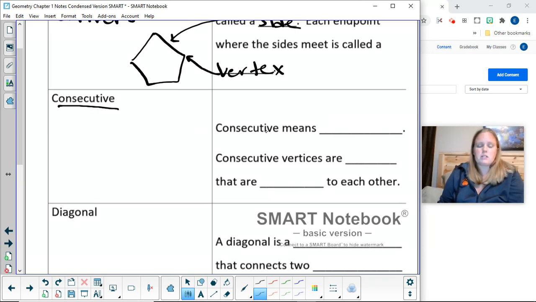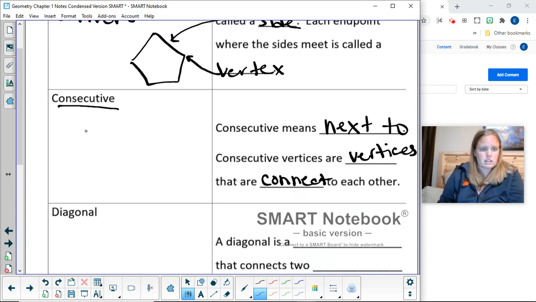When we're talking about consecutive vertices, they are vertices that are next to each other, that are connected by a segment between them. So consecutive vertices are vertices that are connected to each other.